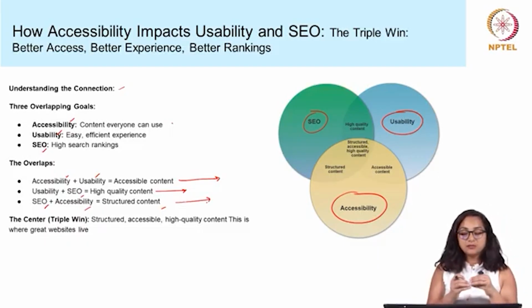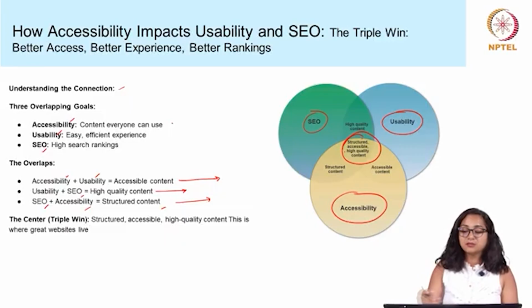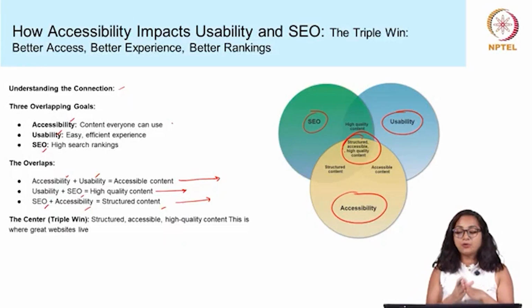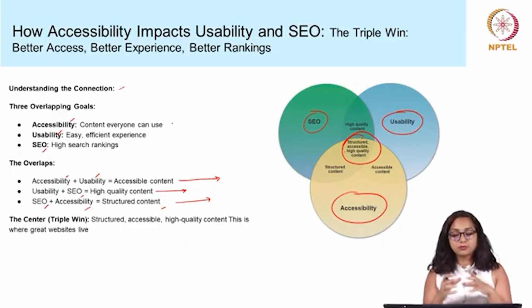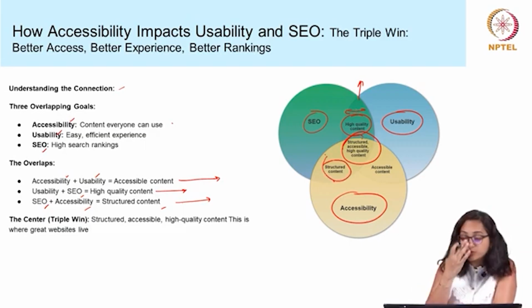So, in the center there is structured, accessible and high quality content, which is the triple overlap of all of these three. SEO and accessibility overlap into structured content.